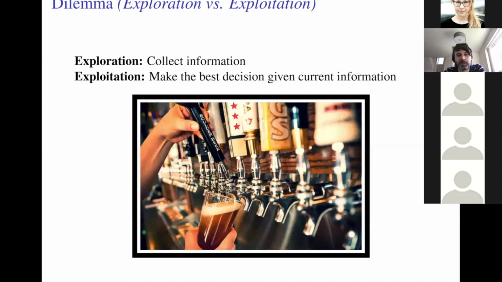Okay, just another image. I'm not a big beer drinker, but I guess this is another exploration-exploitation problem, if you like. You have multiple arms, multiple taps here, multiple beers. You can try one, and stick with it if you like it, for instance. It might be a beer you find appealing, or you could sample other beers and potentially find ones that you like more.